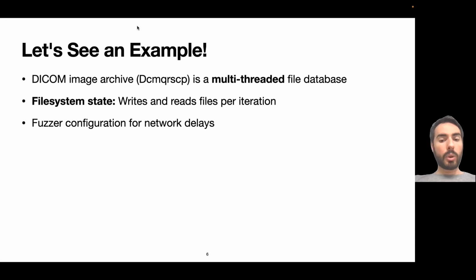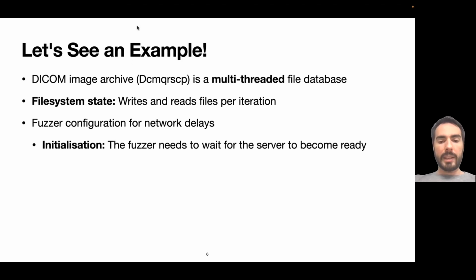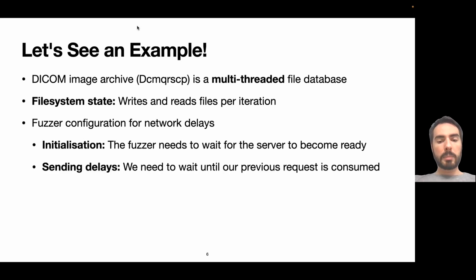And secondly, we need to configure three different network delays from the fuzzer's perspective. The first delay is about waiting for the server to initialize and be able to accept inputs. Second is about adding some delays between consecutive inputs so we don't overwhelm the server and packets are dropped.